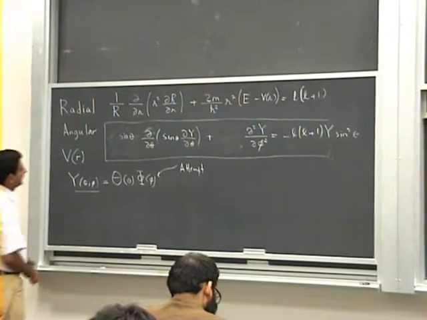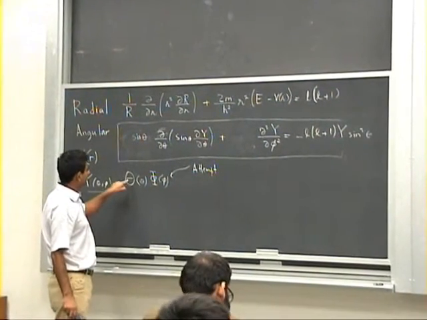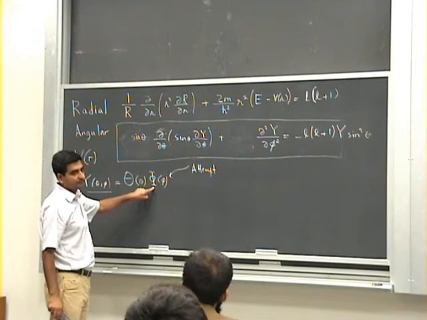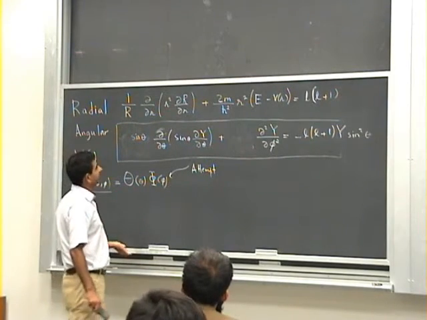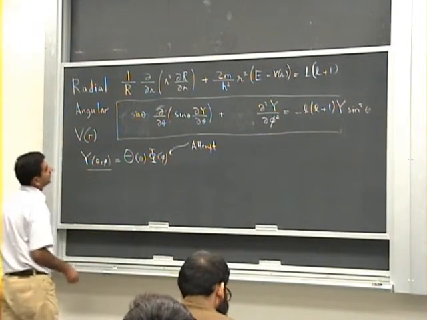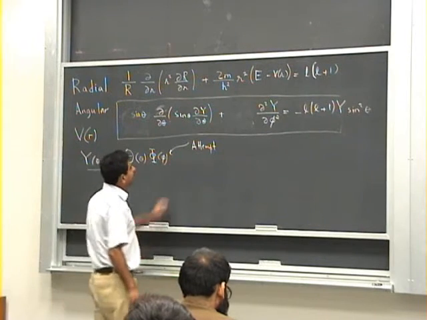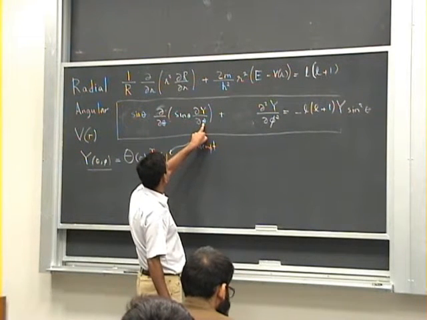Now if I write Y as a product of capital Theta and Phi, the left hand side simply becomes, now I am taking the derivative of Y with respect to theta.